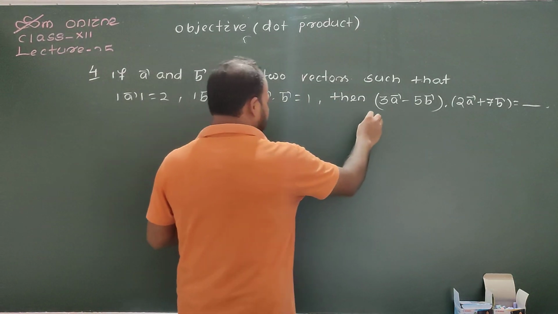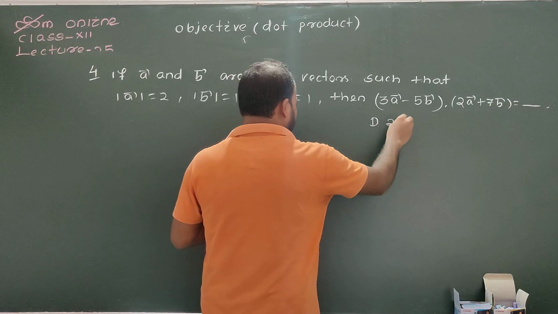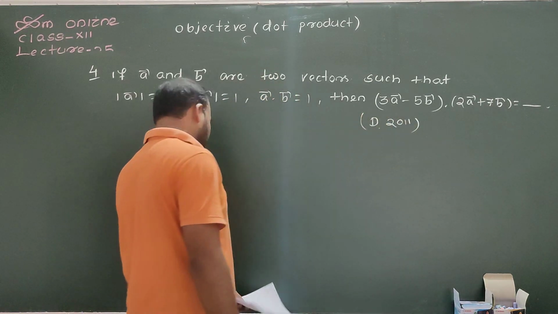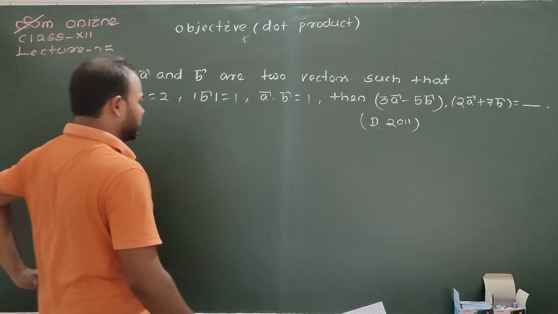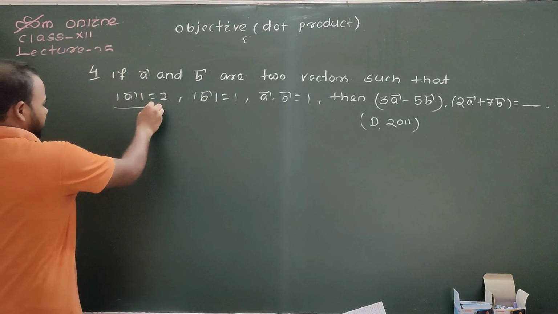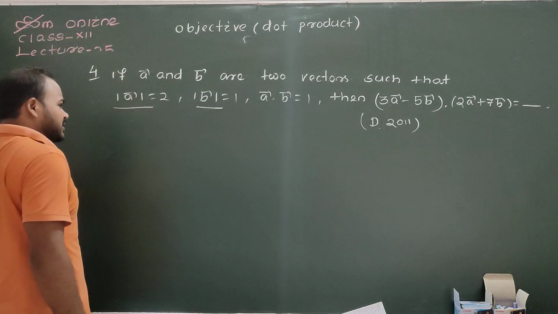This question is from Delhi 2011. Now, what is the solution? It is given that the magnitude of A is 2, the magnitude of B is 1, and the scalar product is 1.